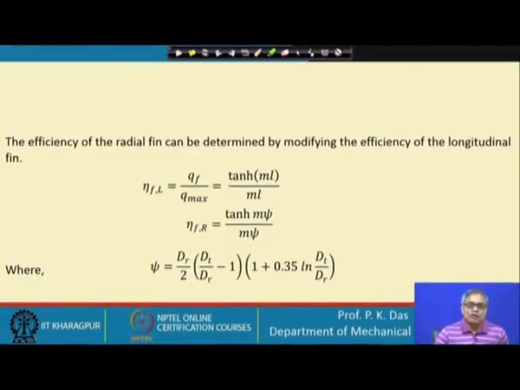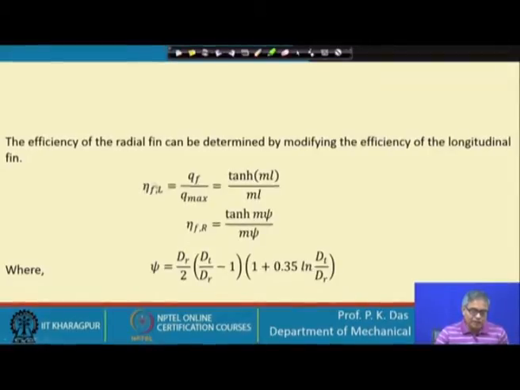We do not calculate the Bessel function; there are charts or graphs from which we can determine the radial fin efficiency. But even looking into a graph is sometimes a little time consuming and cumbersome. So, the longitudinal fin efficiency, which comes as a function of tan hyperbolic, can be used with some modification.